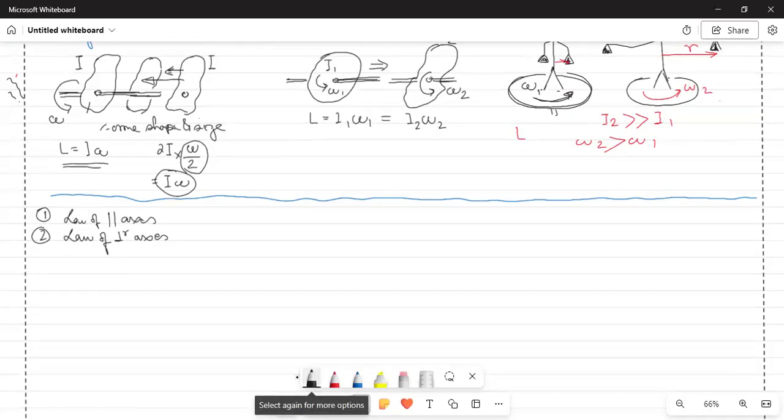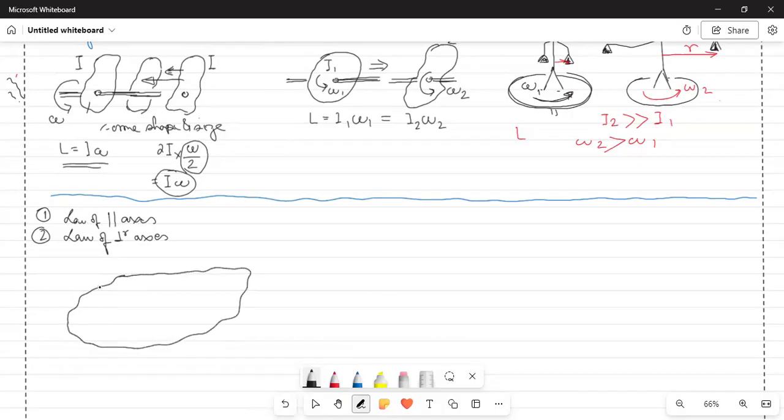Let us take a body like this, say, a larger body we take for the sake of diagram. If I take a larger diagram, then it will be easy to explain what I mean to tell you. Now, let us say this body is rotating around this point.